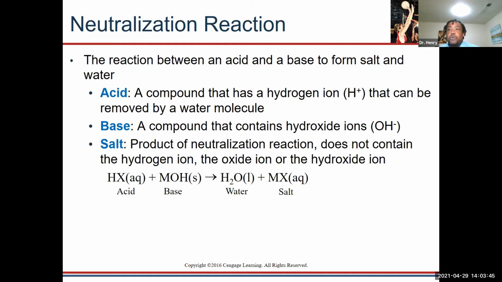That basically tells you what's going to be happening in this reaction. In this case, the acid is generically written as HX, and our base is written as MOH. So the hydrogen from the acid is going to be donated to the base.